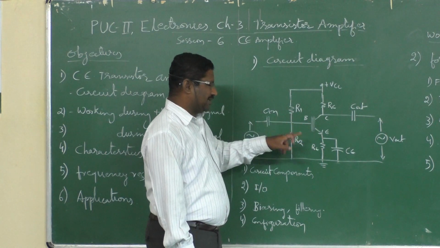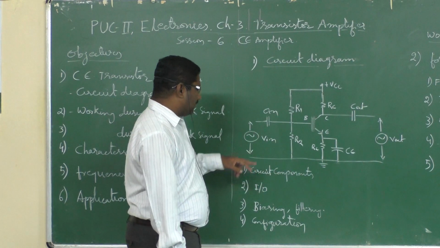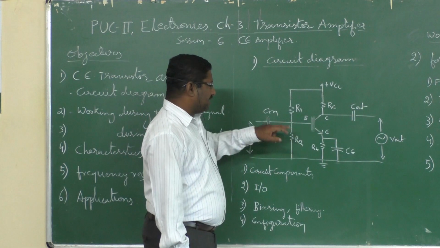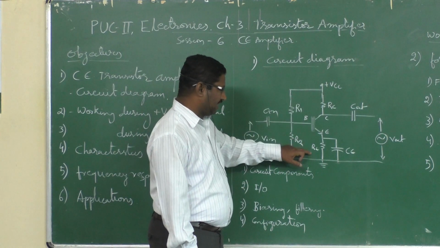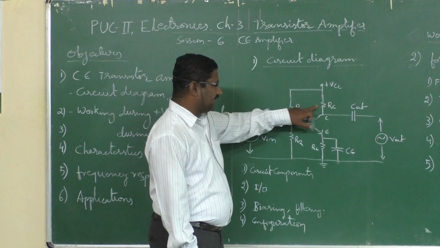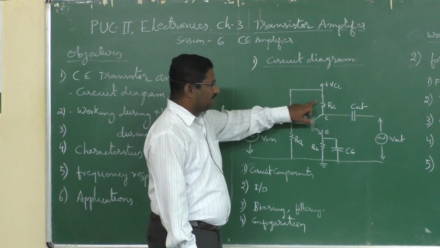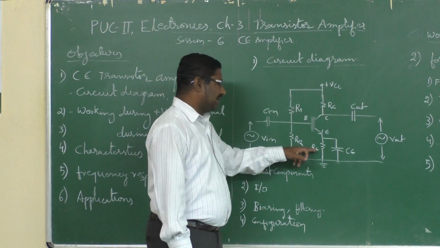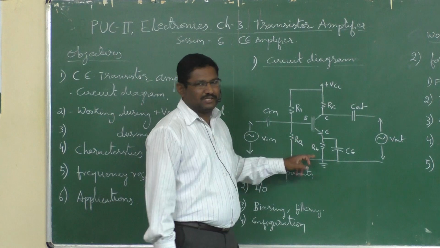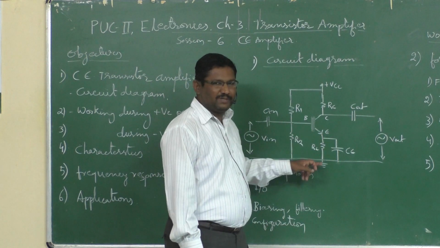Secondly, we have the resistors R1, R2, RC and RE. The resistor connected across the collector is named the collector resistance, RC. The resistance connected across the emitter is called RE.